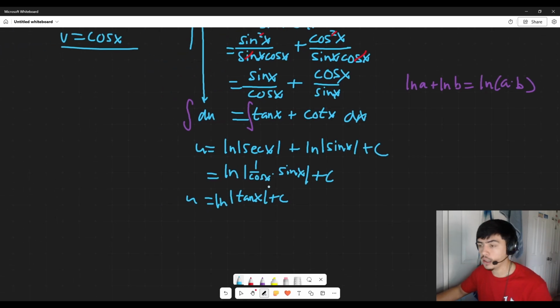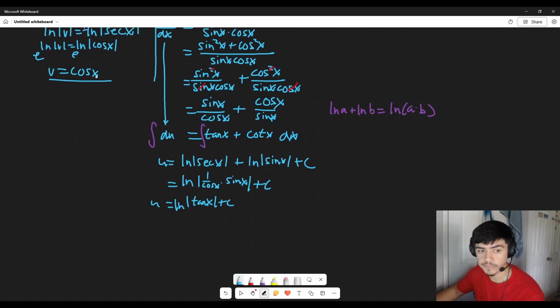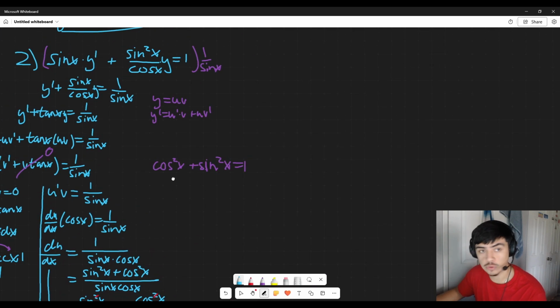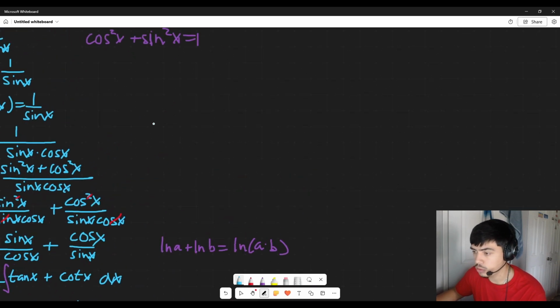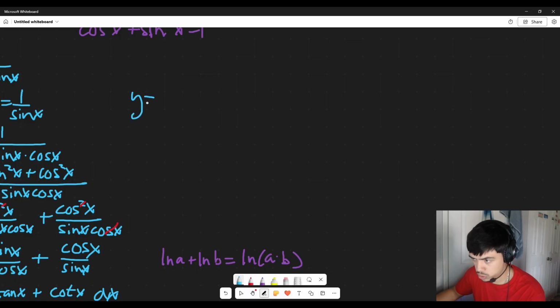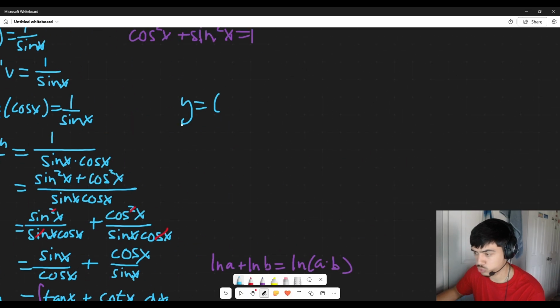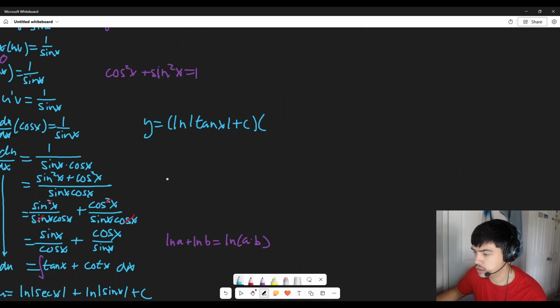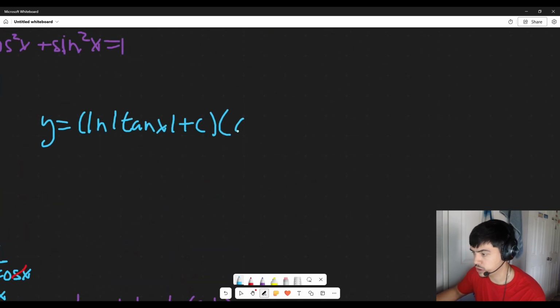Anyways, continuing, right? We have our v and we have our u, meaning, remember, y is equal to u times v. So going over here for our final solution, we have our u, which was natural log of tangent x plus c, times our v, which was just cosine x.